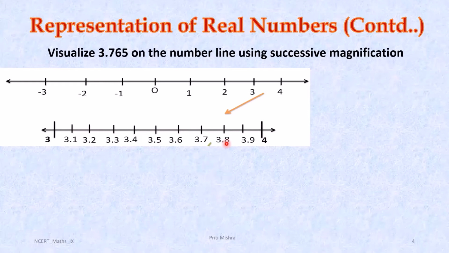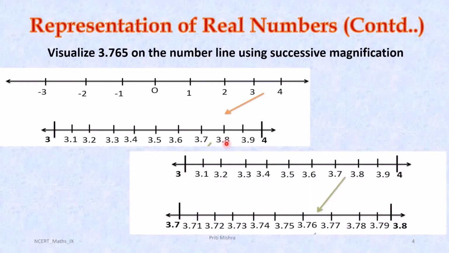So let's find that image. Here I am showing you the numbers in between 3.7 and 3.8. We can have 3.71, 3.72 and so on up to 3.79, right? Now we need to find out 3.765.